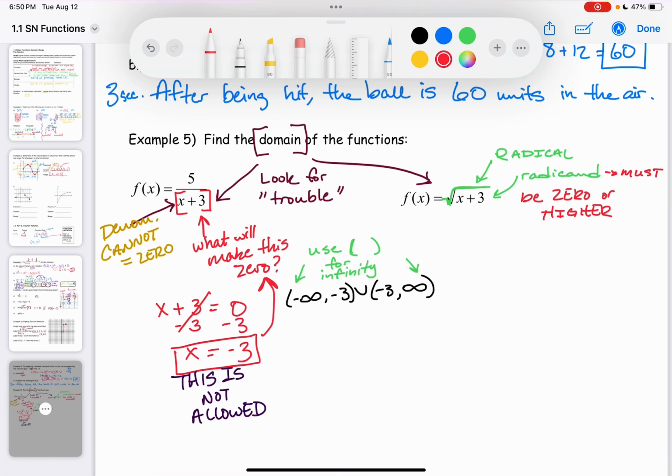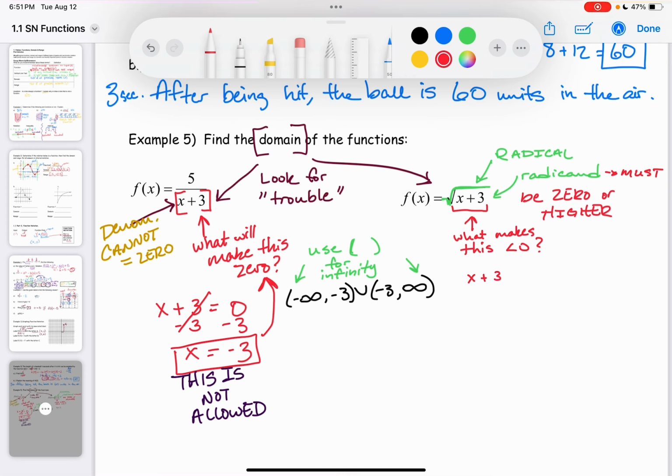So you would say, what makes this break the rule? What makes this less than 0? And so what you would do is you would take your x plus 3.